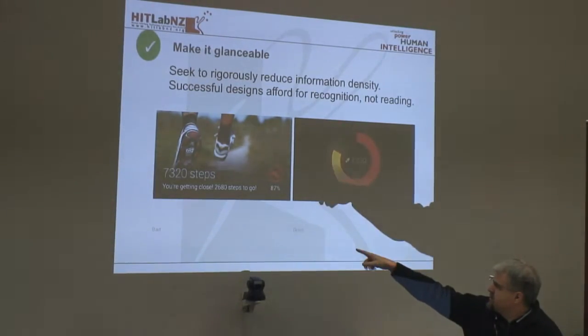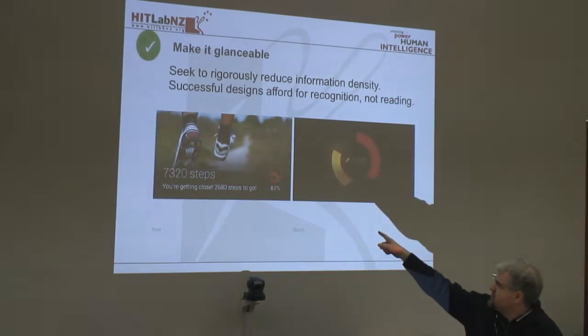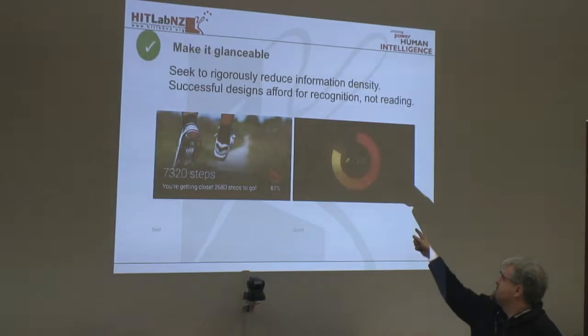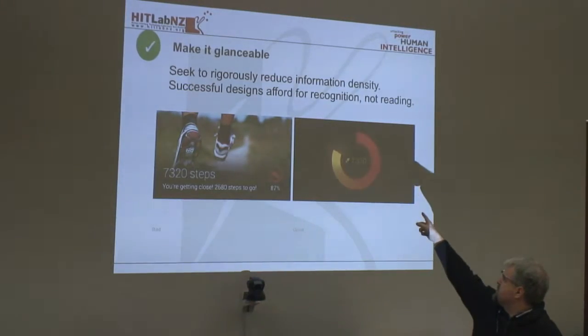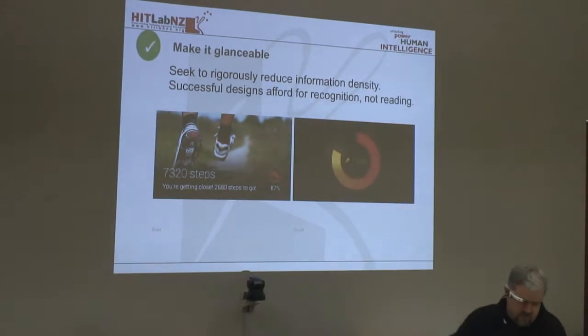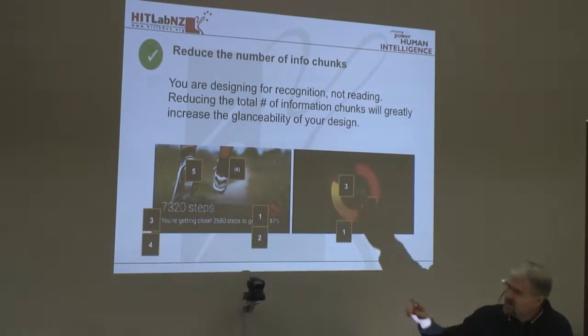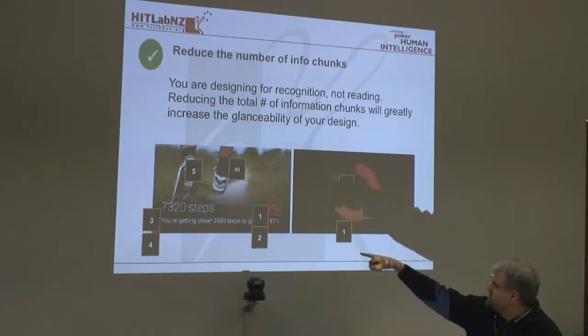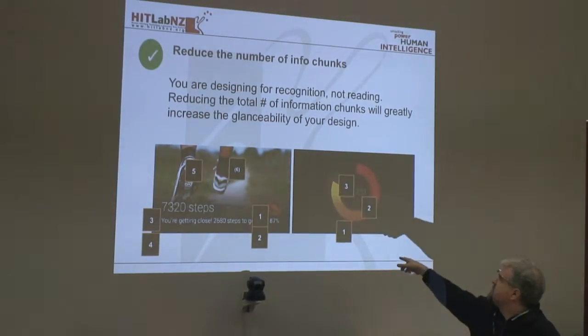It has how many steps you've got, how many steps you've got to go, the percentage you've got going, and the picture there. The one on the right just has two pieces of information. One is the number of steps, and the second is the timeline showing how much you've done and how much you've got to go. So the one on the left has 6 pieces of information, and the one on the right, I guess, 3 pieces of information.